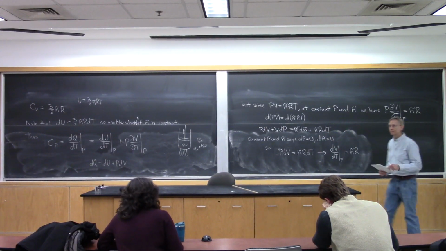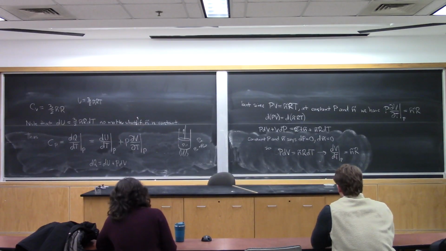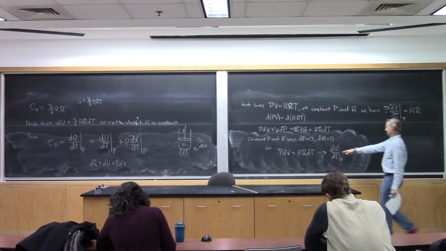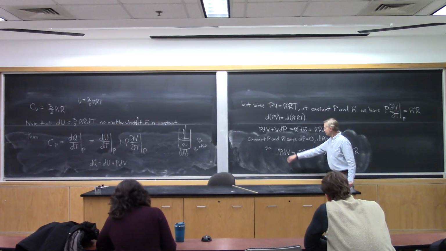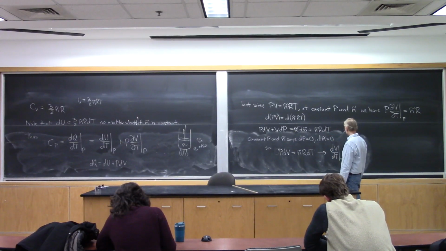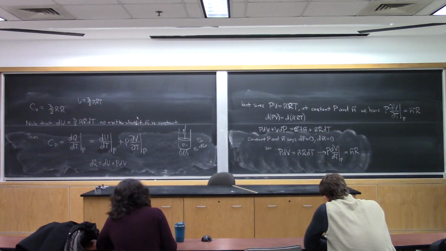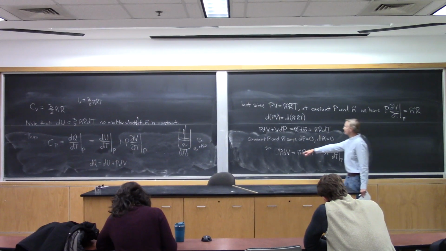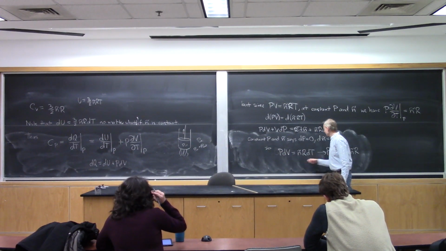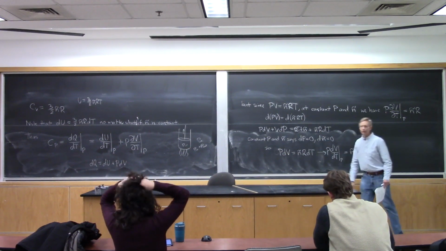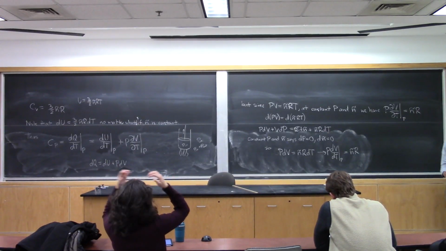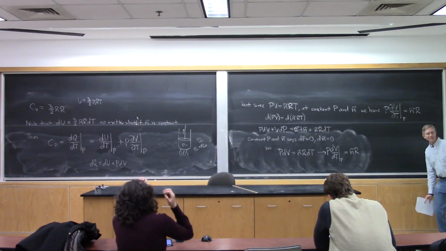Okay? And then here, I just divide by dT. P dV/dT is N tilde R, is what I was trying to get here. I just divide through by dT to get P dV/dT at constant pressure is N tilde R. Looks like you're not buying what I'm selling.